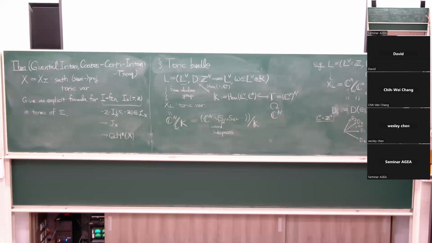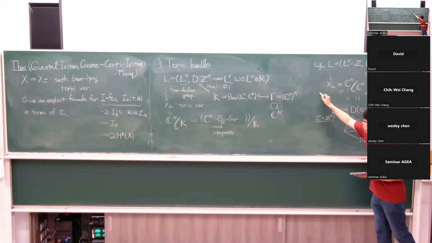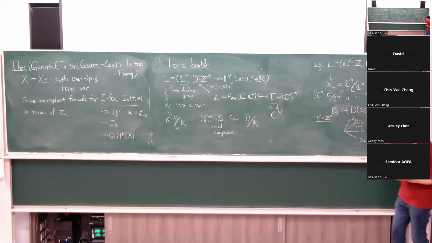So we should remove the coordinate subspace corresponding to the empty set. It is just the origin. So we remove the origin and then take the quotient. Okay.